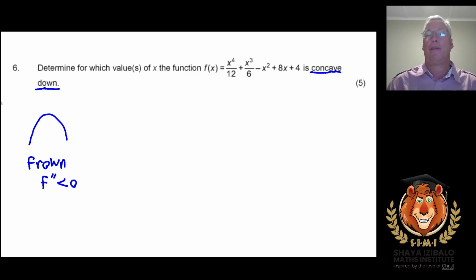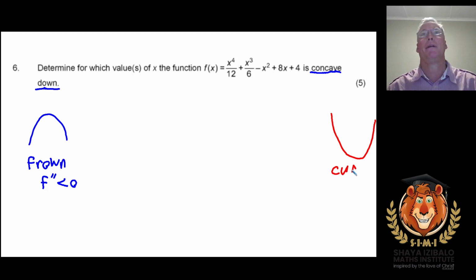Just on the other side here, I'm going to draw the other one, which is concave up like a cup. Concave up like a cup, right? And all along that curve, the second derivative is positive.